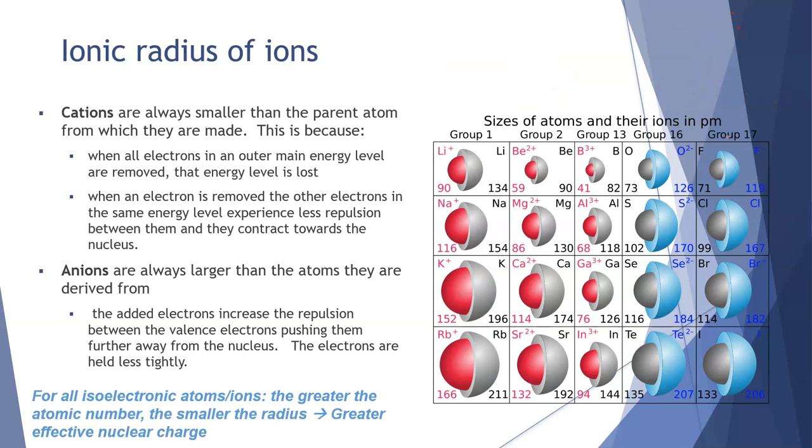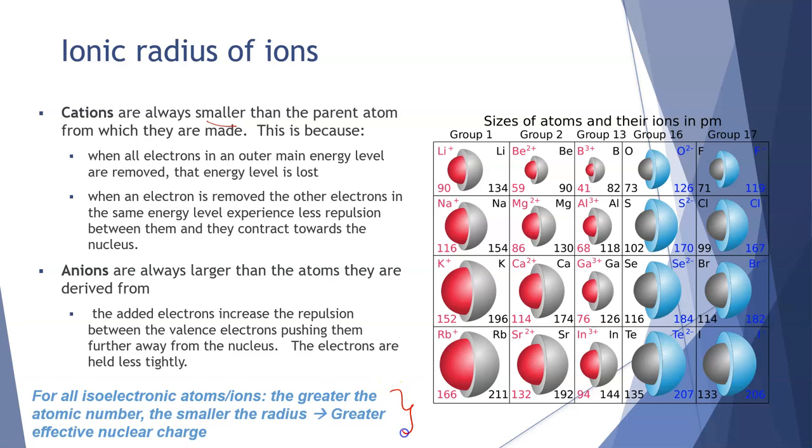This is just looking again at the ionic radius as a result of those changes in electron configuration. So cations are always smaller than the parent atom, and then anions are always larger than the atoms that they are derived from. This is because of the repulsion for the same core charge versus being held more tightly and losing that shell for the cations.